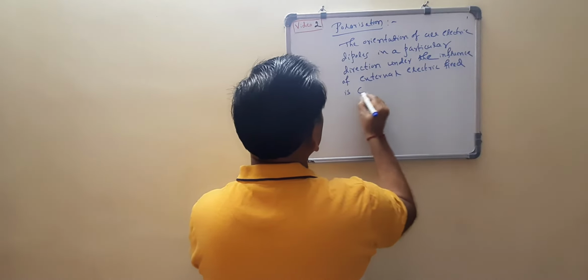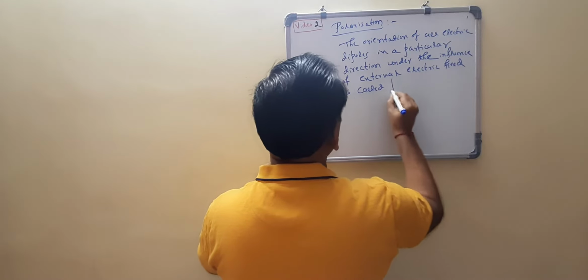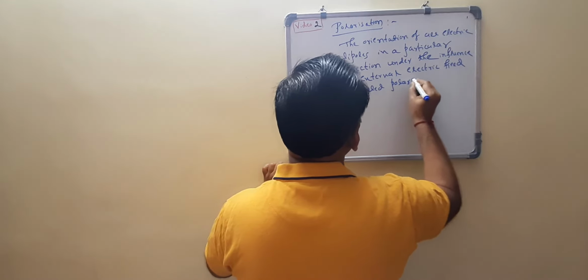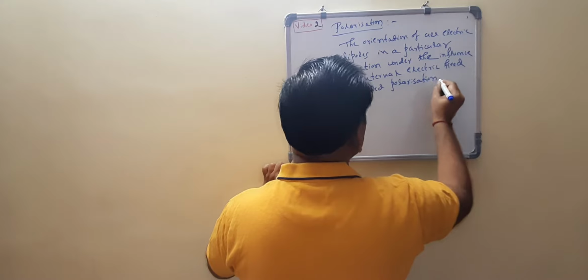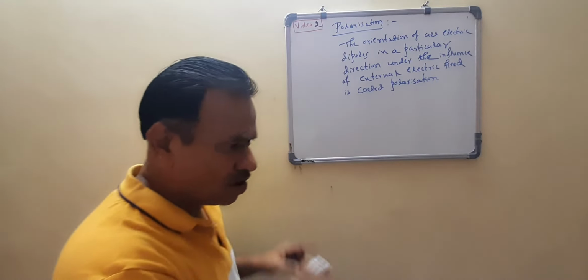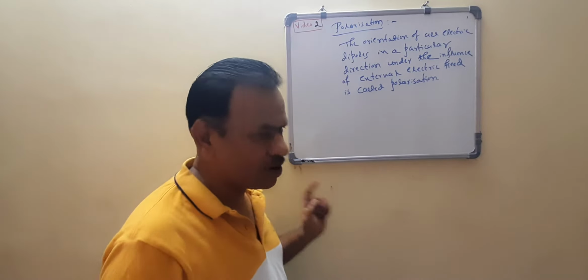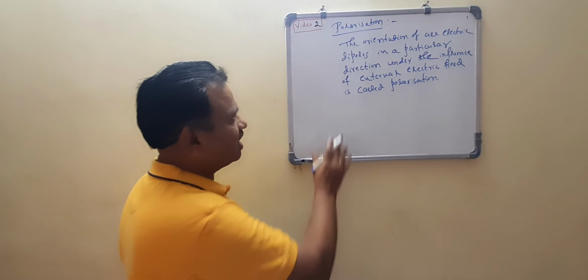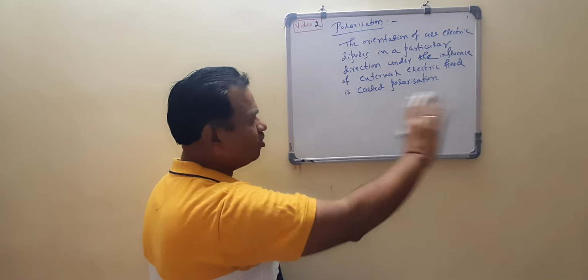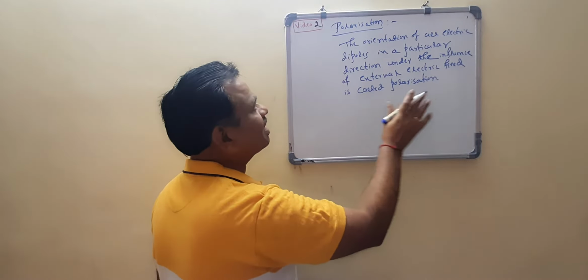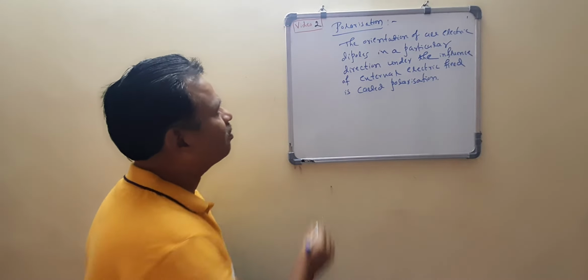Initially all dipoles are oriented in random directions. But when I apply the electric field, all will be oriented in one particular direction. That is called polarization.